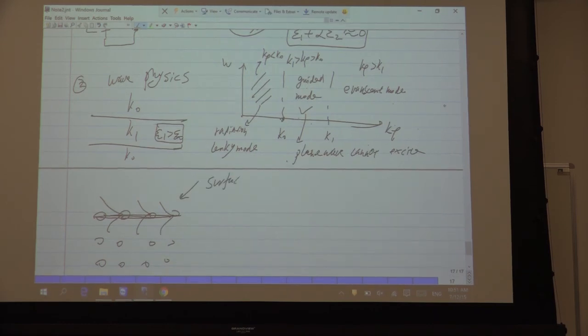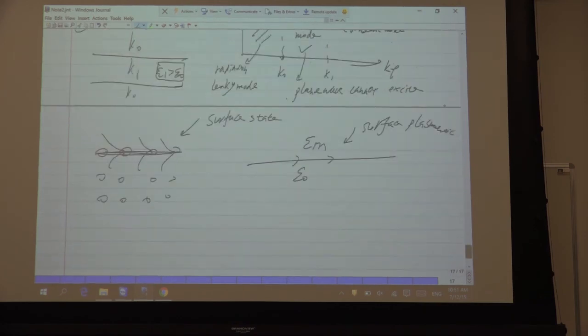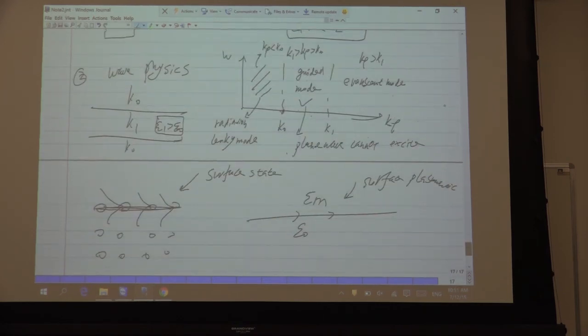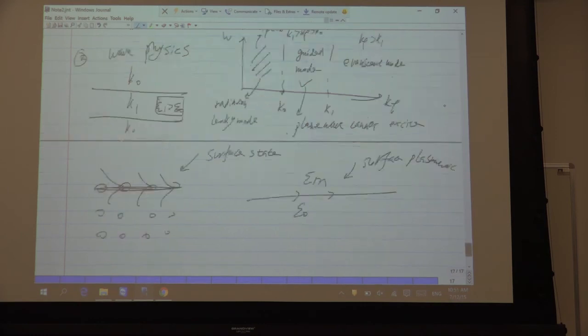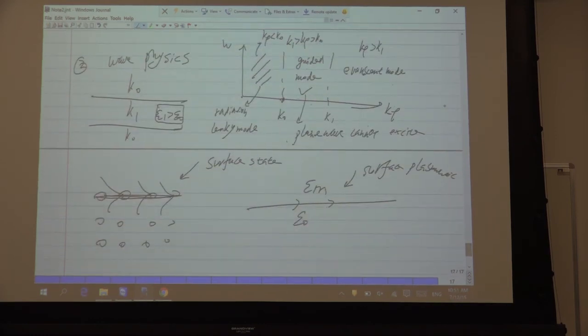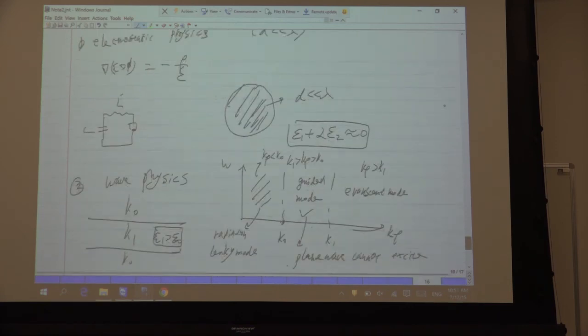A plane wave cannot excite the surface plasmon on metal, and also cannot excite the guiding mode. This is all the same physical reason, because K rho should be larger than K0. So it cannot excite the surface plasmon, the surface state, or the guiding wave. This is the basic wave physics.